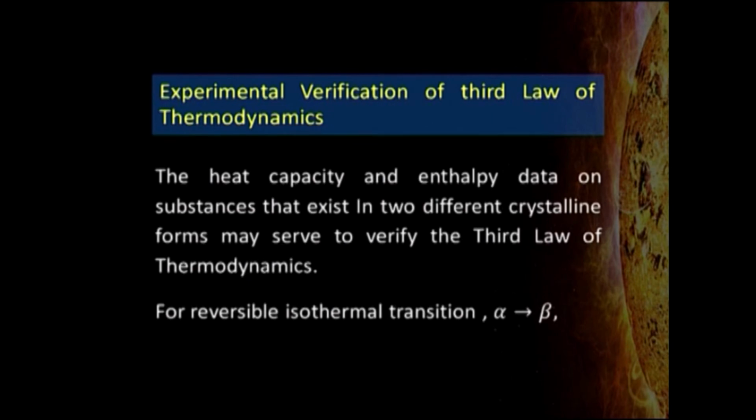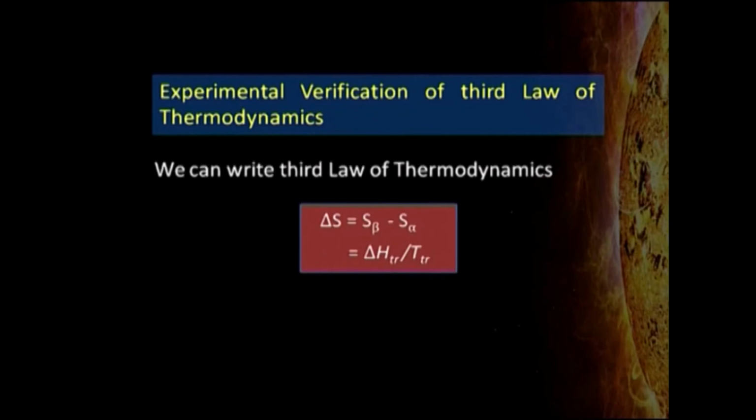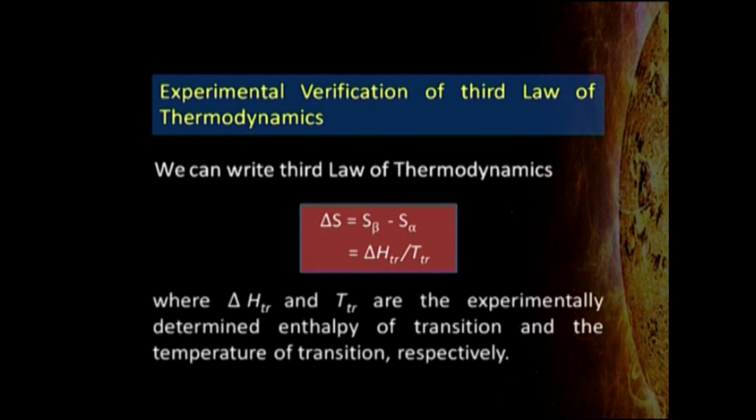For a reversible isothermal transition alpha to beta, we can write, according to the third law of thermodynamics, delta S is equal to entropy of beta form minus entropy of alpha form, which is equal to delta H_Tr divided by T_Tr, where delta H_Tr and T_Tr are the experimentally determined enthalpy of transition and the temperature of transition respectively.